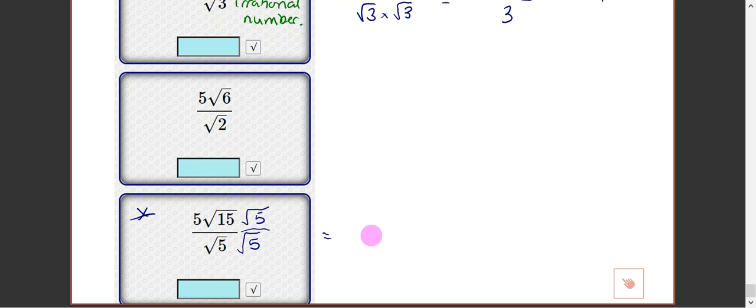What does that give me currently? Well, I'm now at 5 root 15 root 5, all over 5. Well, that's quite nice, isn't it, so far? Because the 5 divided by 5 leaves me with the 1. So I've now got just root 15 times root 5.